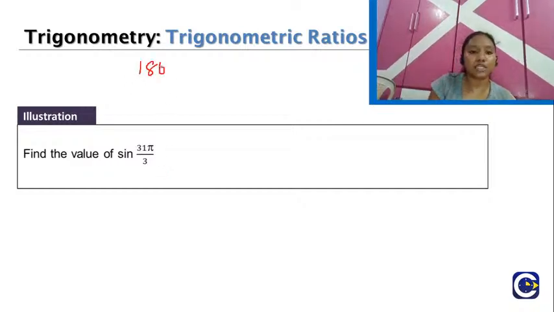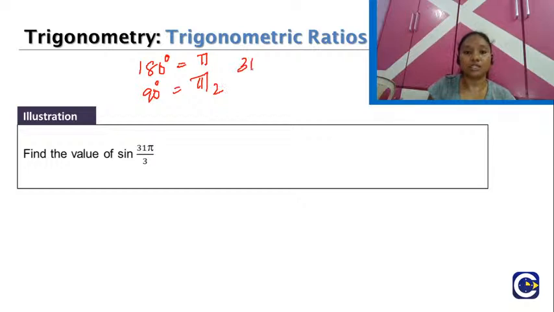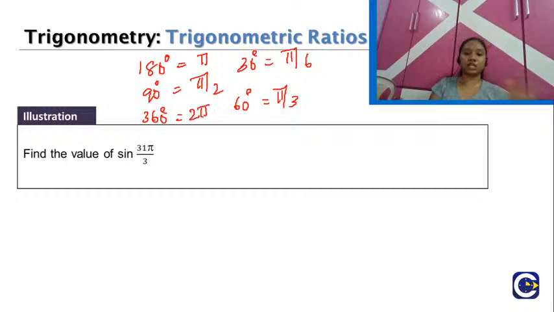You know that 180 degrees is equal to pi, 90 degrees is pi by 2, 30 degrees is pi by 6, 60 degrees is pi by 3, and 360 degrees is equal to 2 pi. These are the conversions between degrees and radians. Now give it a try and let me know the value of this.